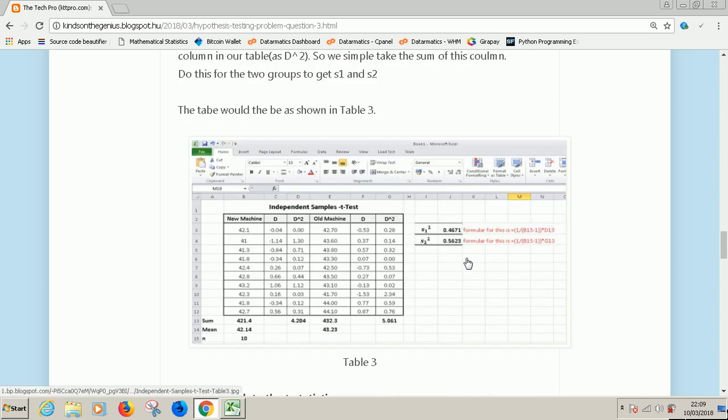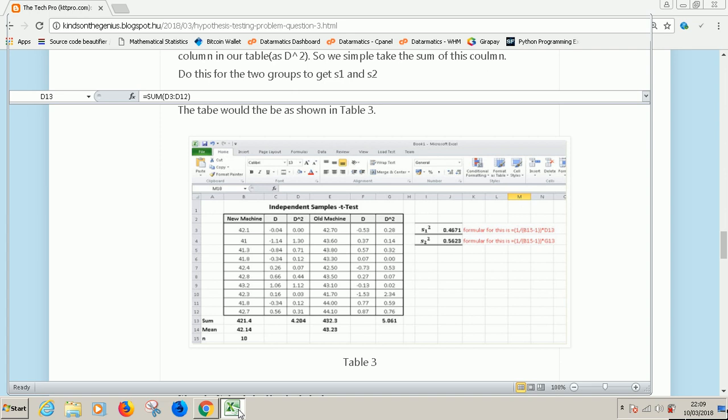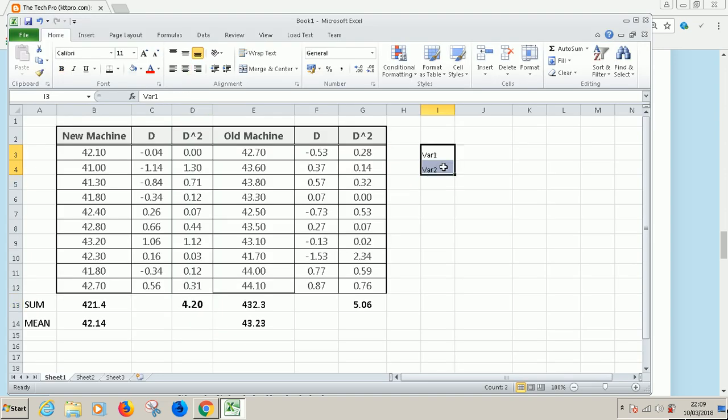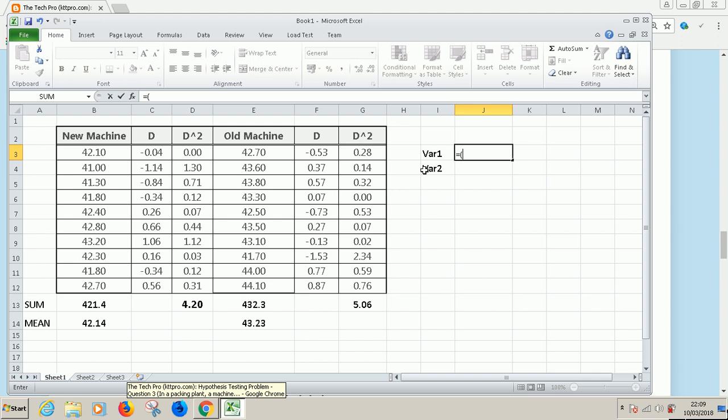So we have variance 1 and variance 2. So let's enter them in this cell here. So variance 1 equal to this. No, I think we need to use the formula. So let's use the formula for variance equal to 1 over n minus 1, where n minus 1 is equal to 9.